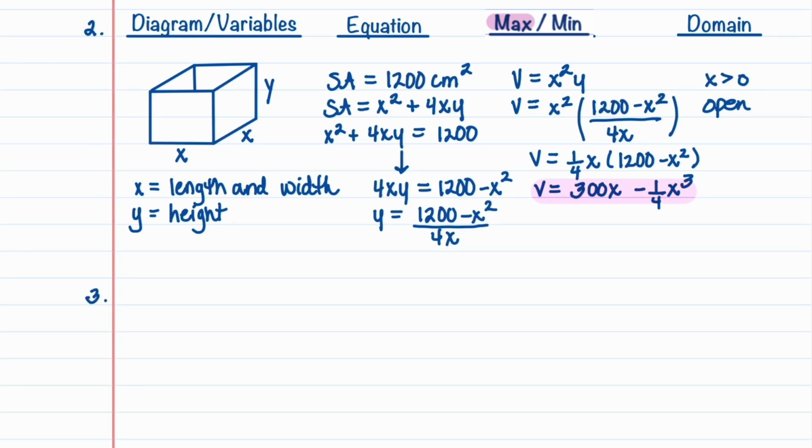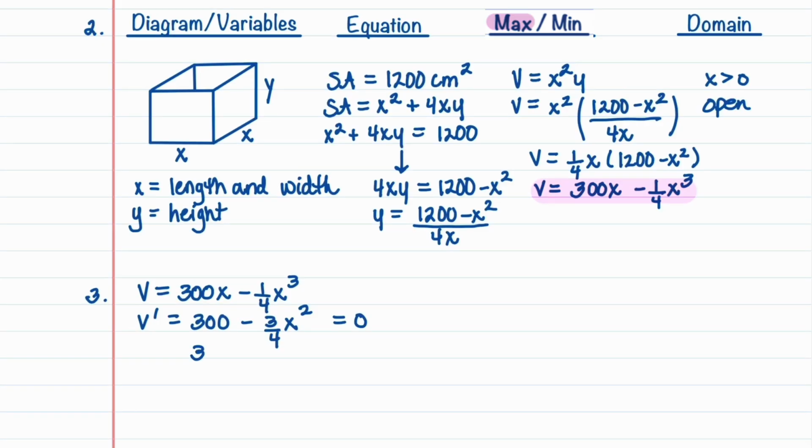Our third step is to take the derivative of our volume and find its critical points. I'm going to go ahead and rewrite our equation for our volume. It is 300x minus 1/4 x cubed. Now let's take the derivative. Our derivative is 300 minus 3/4 x squared, and we're going to set that equal to 0.